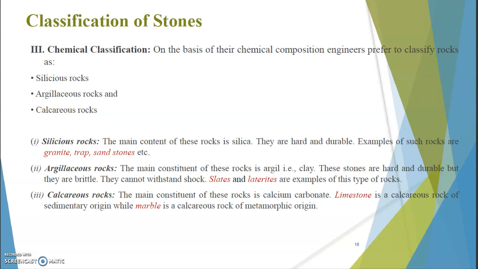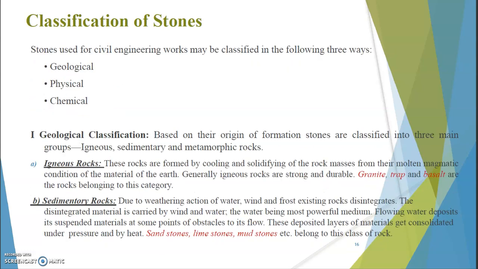Limestone is a calcareous rock of sedimentary origin, while marble is a calcareous rock of metamorphic origin. So understand, rocks are differently classified in these three types: geological formation, physical appearance, and chemical constituents.